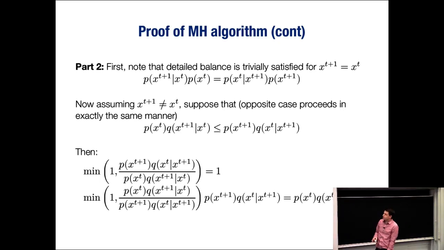Okay, so the important thing here is that in the case that we accept our sample, the probability of xt plus 1 given xt is going to be equal to q, our sampling distribution, q of xt plus 1 given xt, times this acceptance probability.